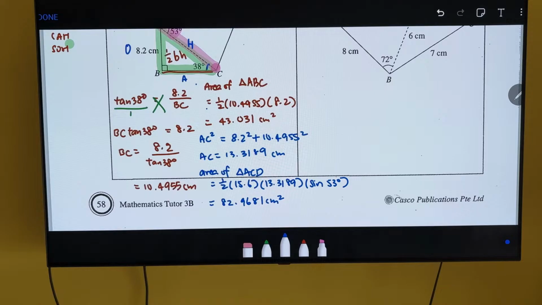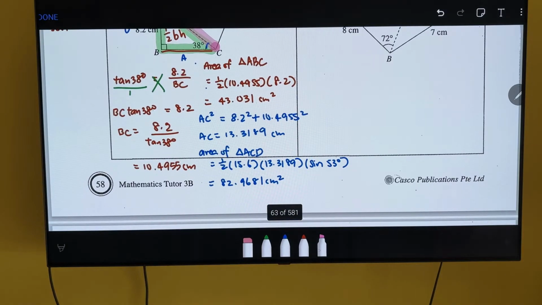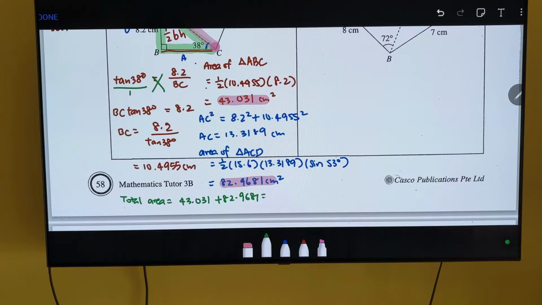so to find the total area, we will need to add both areas of the triangle. 126 cm square to 3 SF.